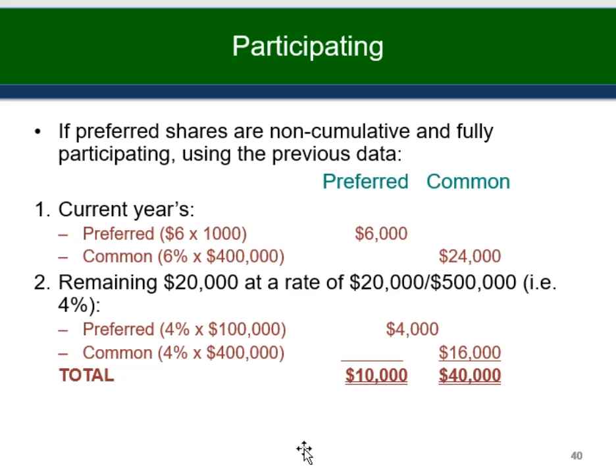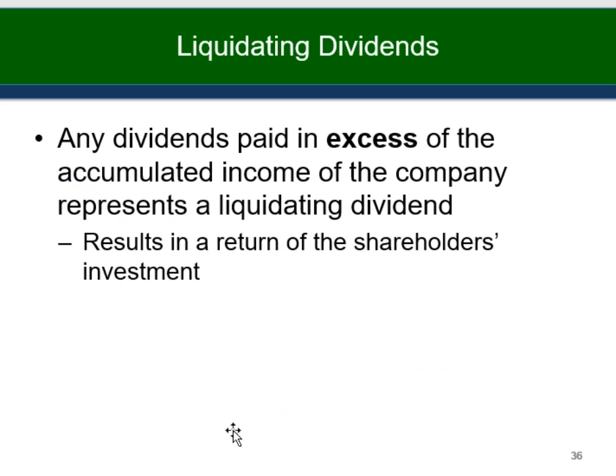Why 4% rate? So the 4% represents the fact that there's $20,000 and it's going to be allocated on the basis of the contributed capital. $500,000 is $400,000 for the common shares and $100,000 for the preferred shares. Quickly scan back here. There we go.